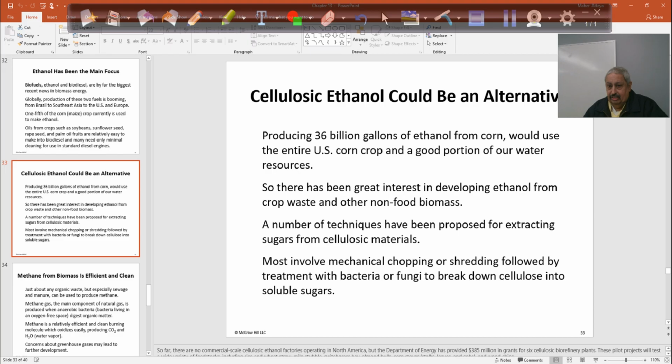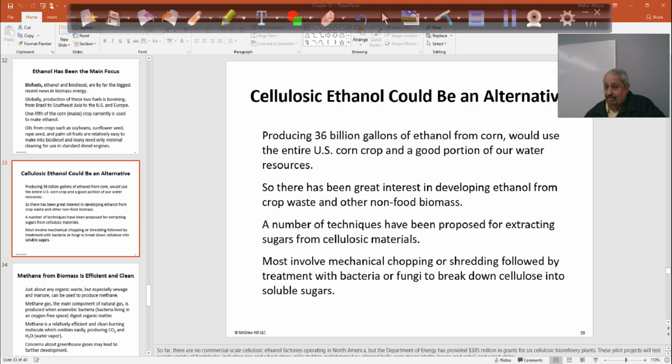So producing 36 billion gallons of ethanol from corn would use the entire U.S. corn crop and a good portion of our water resources. I can tell you, it's not really feasible to have all your land made of corn, and then use this ethanol coming out to run your machineries.